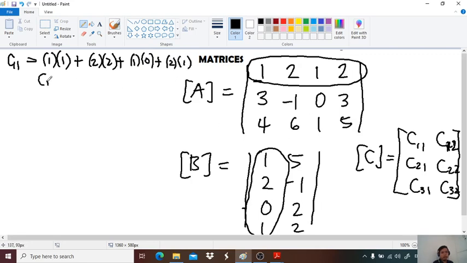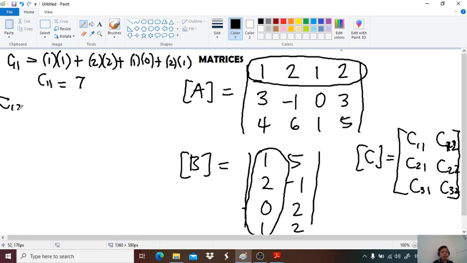So your C11 is equal to 1 plus 4, we have 5, plus 2, 7. So 1 plus 4 is 5, plus 2 is 7. So that is your C11, and we're going to represent C11 as 7.